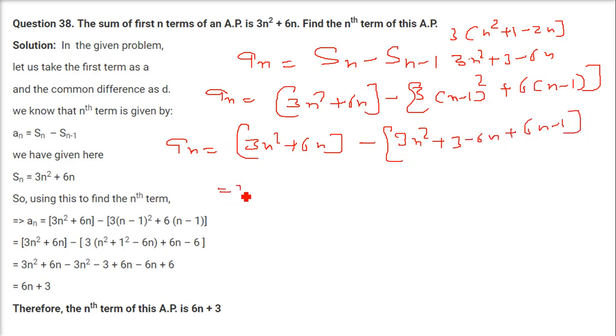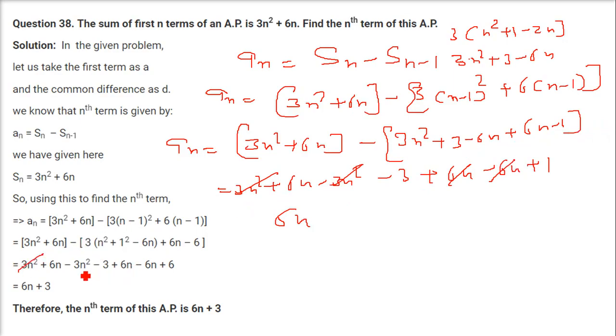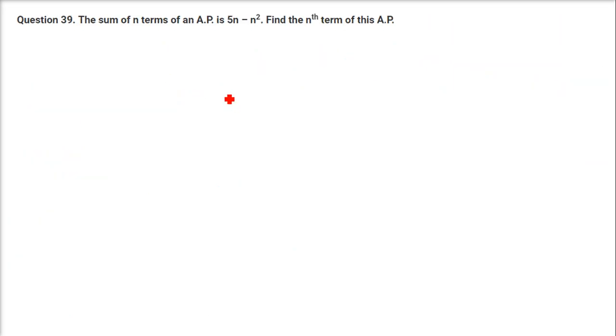Now let me open it. 3n square plus 6n minus 3n square minus 3 plus 6n minus 6n plus 6. So 3n square gets cancelled, you have 6n, and then you have 6n, and what other terms? This is 3 and this is 6. See, this gets cancelled, and 6n gets cancelled, 6n is remaining. So 6 minus 3 is what? 3. So 6n plus 3 is the nth term of this AP.